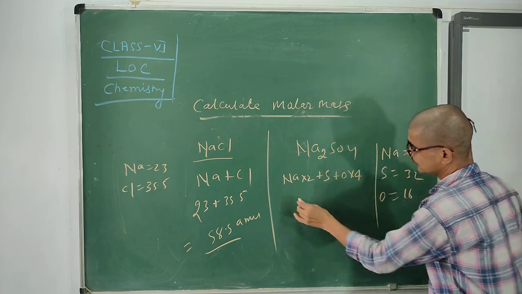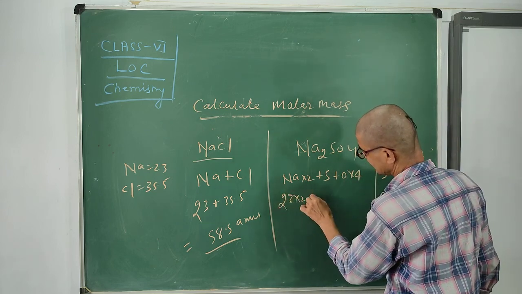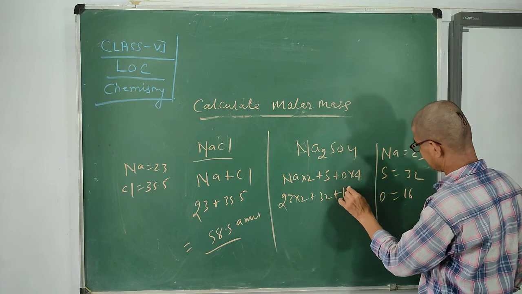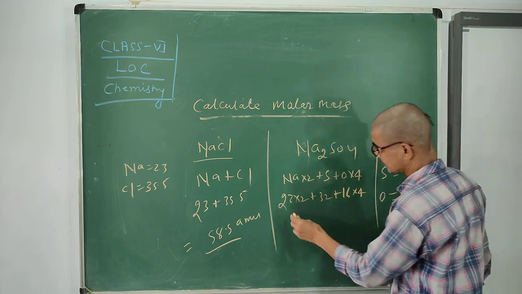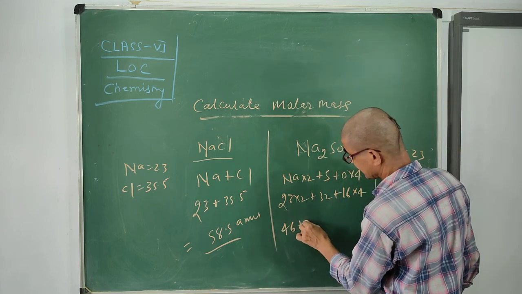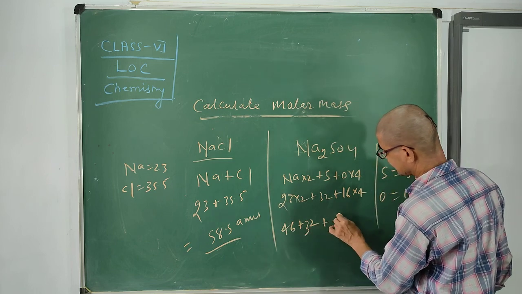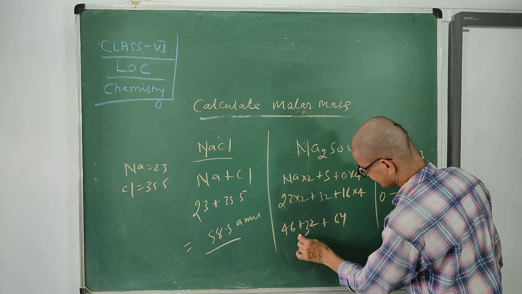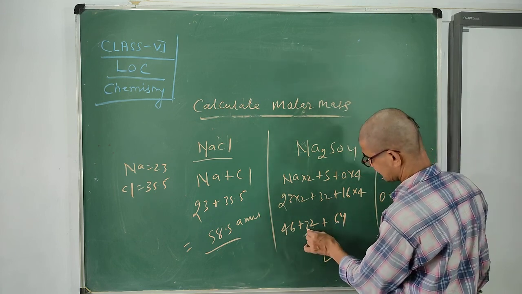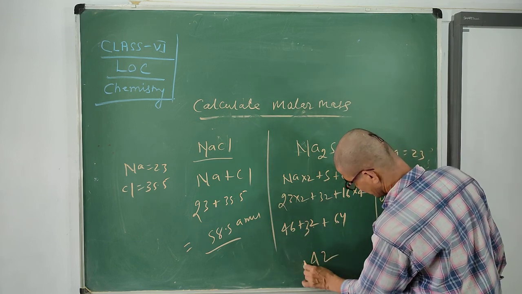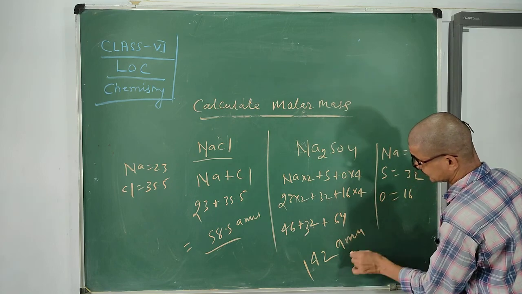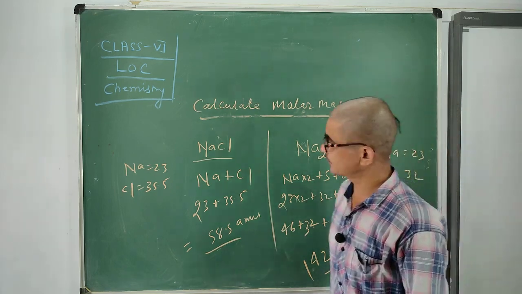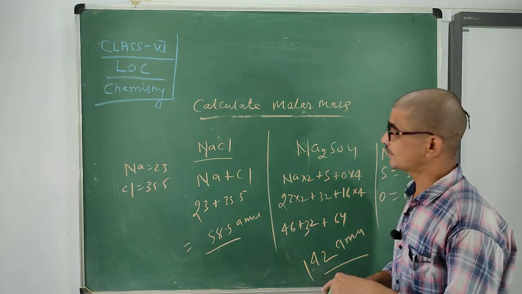Now put the value: 23 into 2 plus 32 plus 16 into 4. 46 plus 32 plus 64, 142 AMU. So this is the way for the calculation of molar mass.